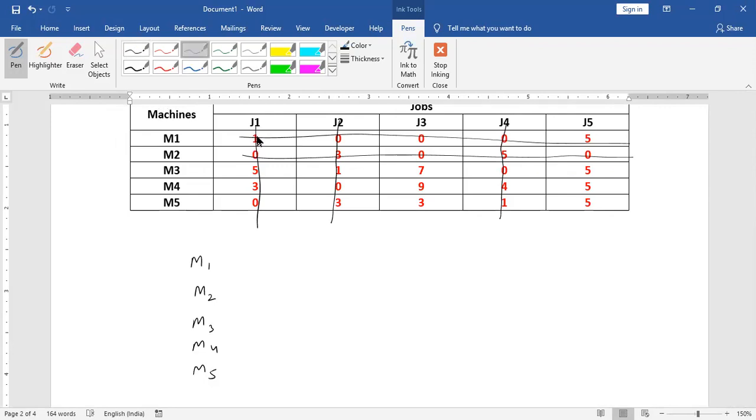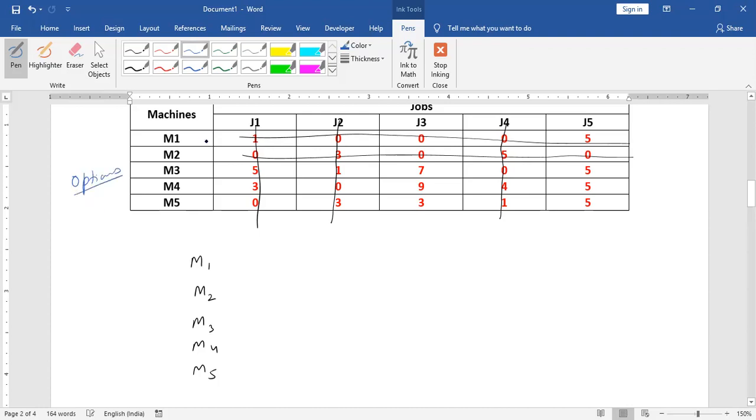If you look at the number of zeros in the first row, 1, 2, 3, we have 3 zeros. Just leave it because it is a confusion. We will allot on the place of zero. I'm considering zero as options.